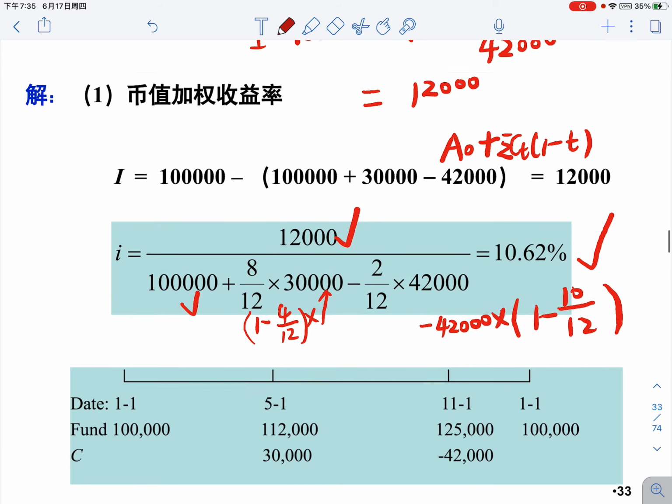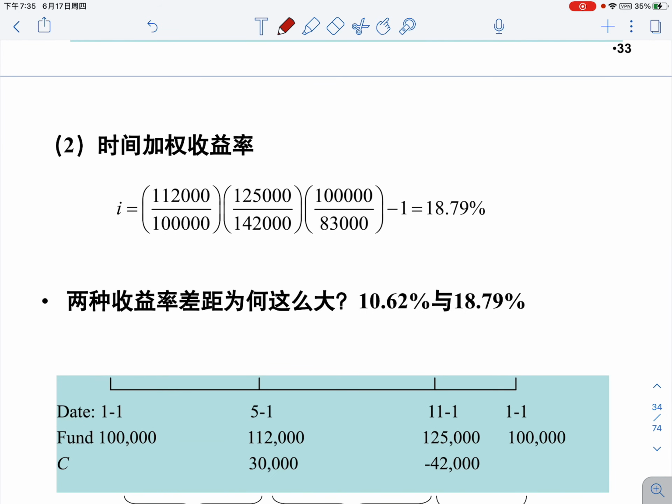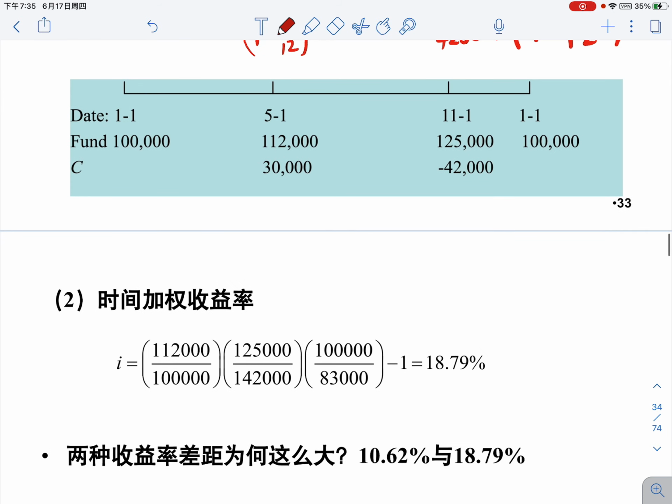Because 1 plus i equals those terms multiplied together, i equals this whole thing minus 1.